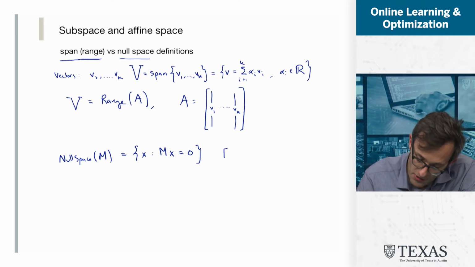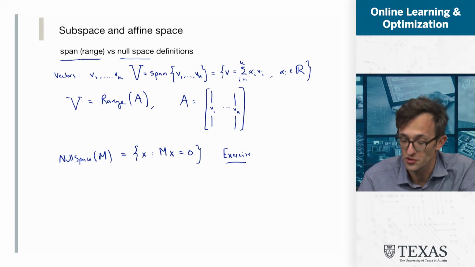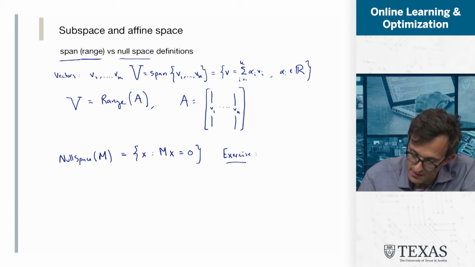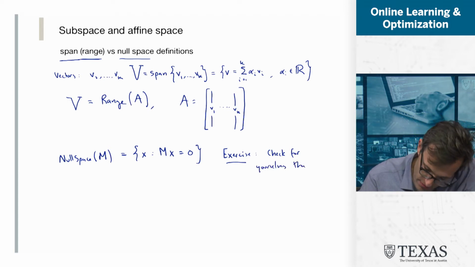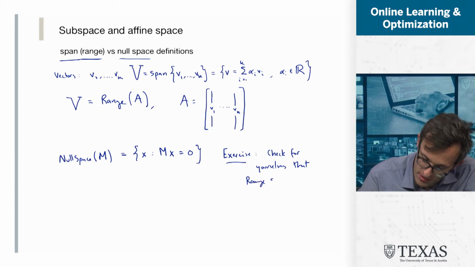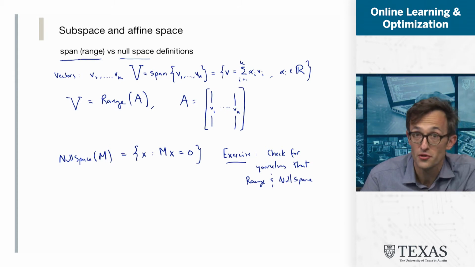And an exercise that I would recommend, if you want to make sure you understand these definitions well, is to check for yourselves that for any matrix A, the range and null space are indeed closed under scaling and addition.